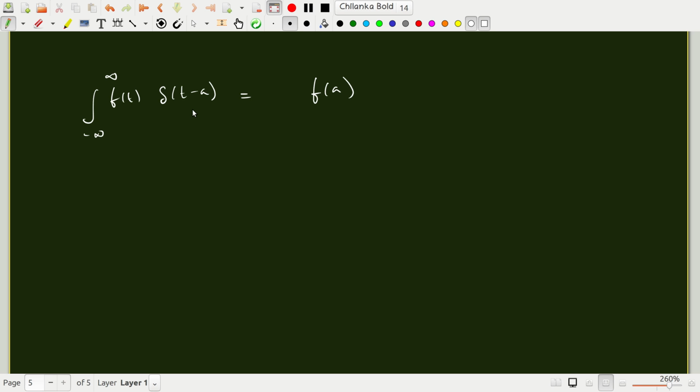Okay, so if you think of a Dirac delta function, it will be like a spike. As you make the width smaller and smaller, the height will continue to rise.